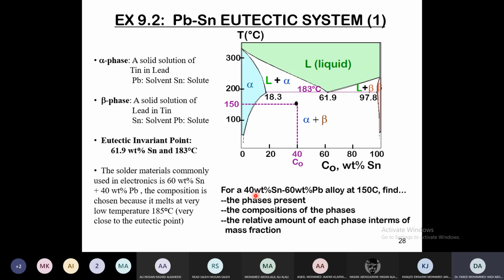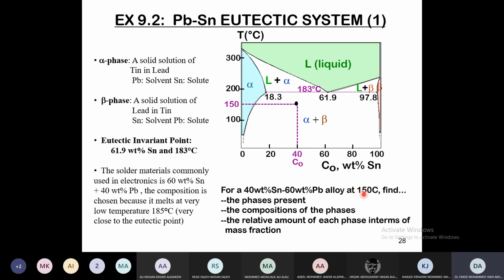Let's say for a 40% by weight tin, of course, I don't have to mention that because it's binary, but we are mentioning that also. 60% by weight lead. Obviously, if I don't give you this, it means that we have 40% by weight tin and 60% by weight lead.